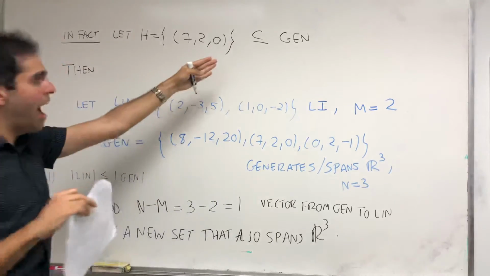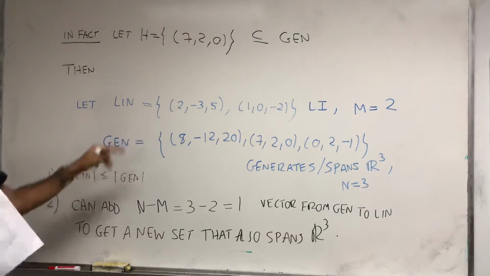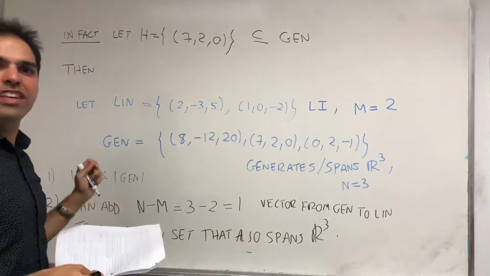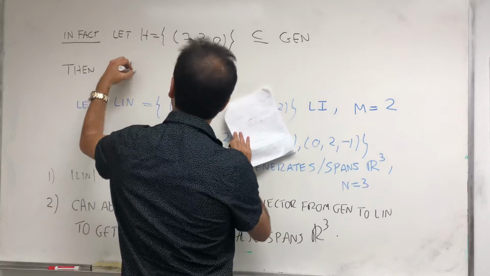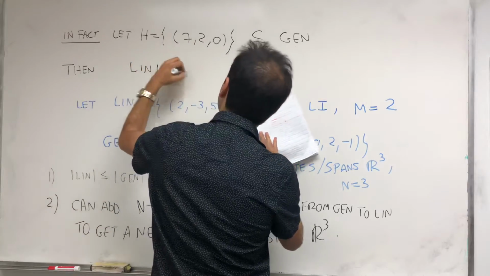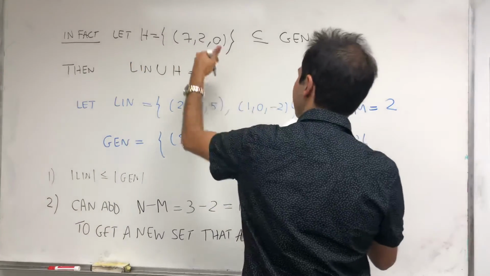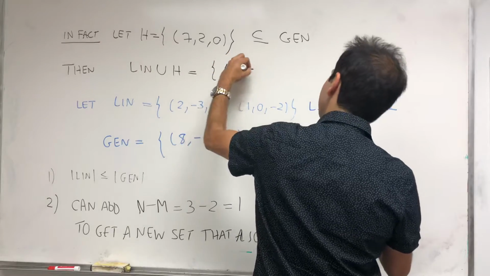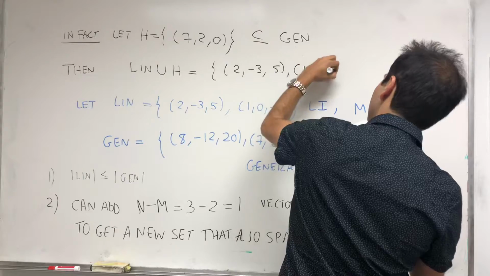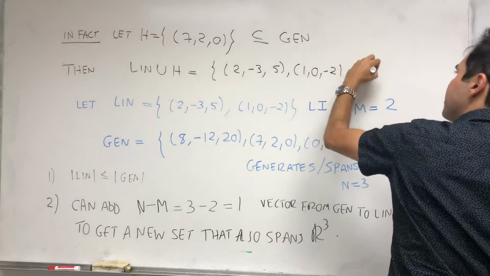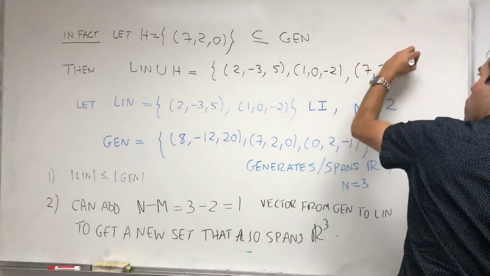Then, if you add H to lin, and the way to say it mathematically is with the union, then lin union H, which is (2, -3, 5), (1, 0, -2), and (7, 2, 0), spans R3.